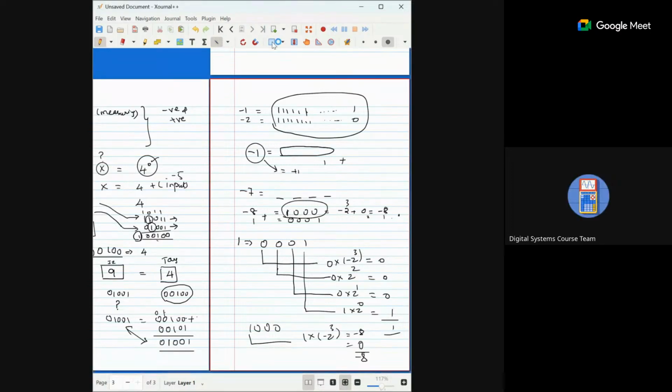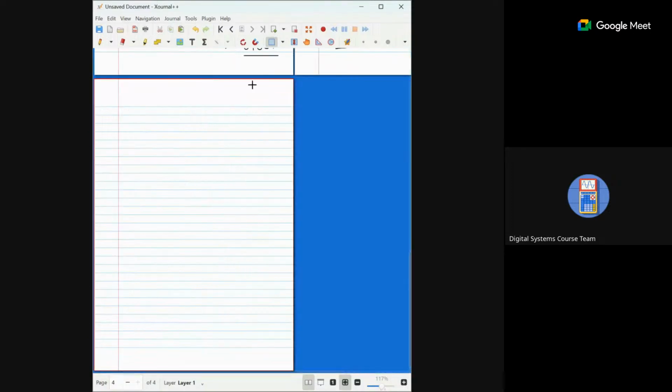Now let me try to explain this number. I want to write -7, which is equal to, as I told you, -8 plus 1. -8 is 1000 plus 1 is 0001, adding these two numbers. Am I right? Yes, sir. So -7 is this.